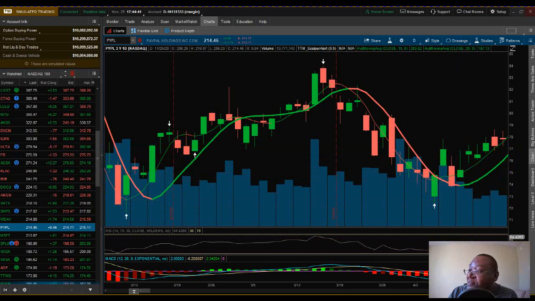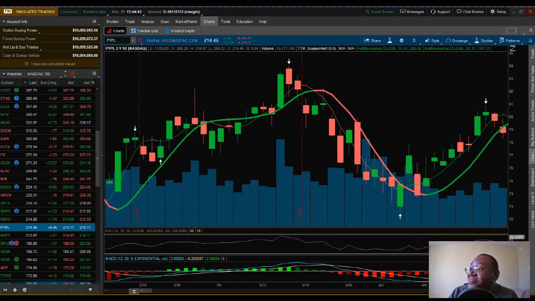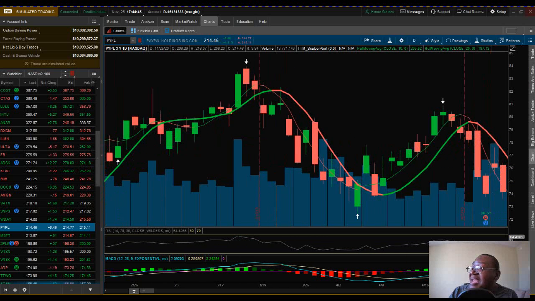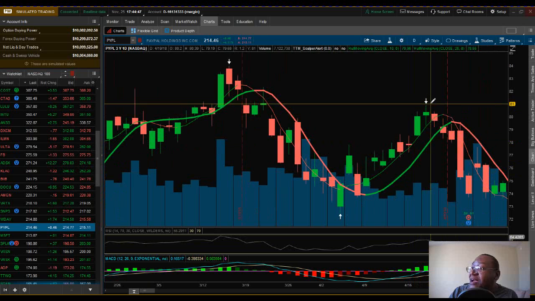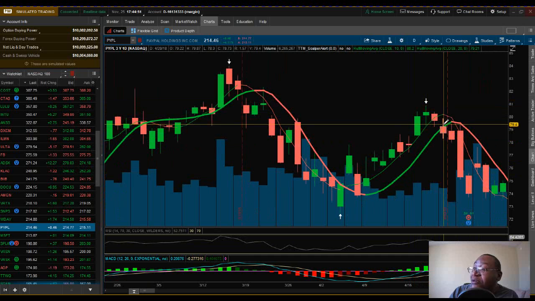Let's keep moving forward here. Now you've got the TTM scalper here saying it's about to go down, right around here. And this is most likely the candle that gave this arrow right here. So look at that. It's pretty much hand in hand with the TTM scalper.